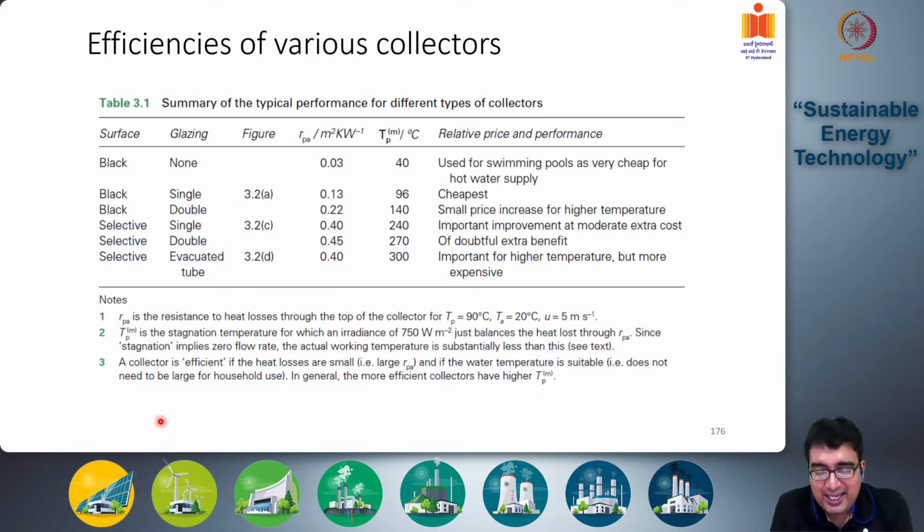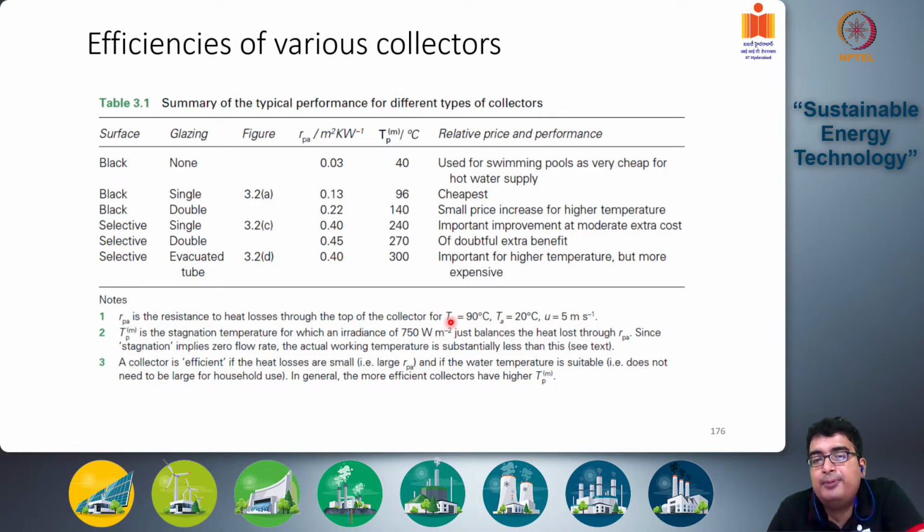So we have seen some of the quantitative analysis studies. Now we will discuss some of the typical performances we get for different types of collectors. The simplest type is a flat plate collector with a black absorbing plate and there is no glass cover. Okay. Then RPA is the resistance to heat losses through the top of the collector for a standard condition. You remember the resistance depends on delta T also.